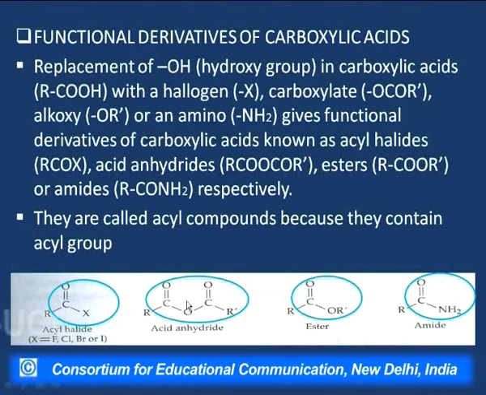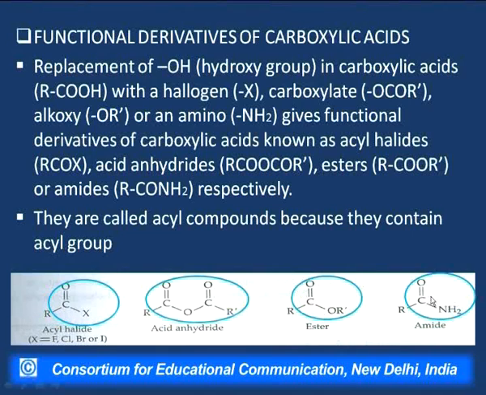Second, we can heat 2 acid molecules together. They lose a water molecule and become an anhydride. Like if I remove water from copper sulfate, it becomes anhydrous copper sulfate. Similarly, if we remove a water molecule from an acid, it becomes an anhydride. Next, we can replace the OH of the acid if we treat the acid with alcohol, and we get a group called OR, and this is an ester.